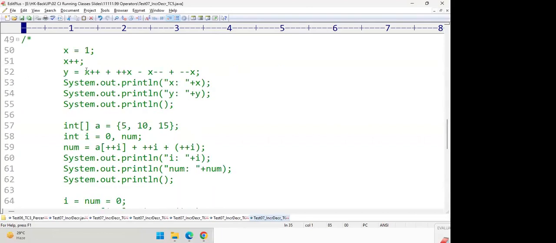This bit will be the same. There is no difference. No, there is a difference. Try.